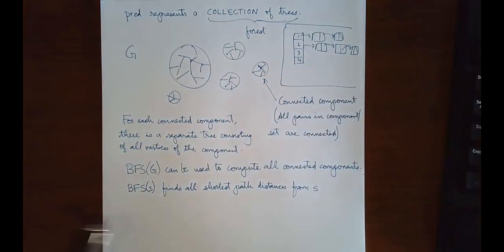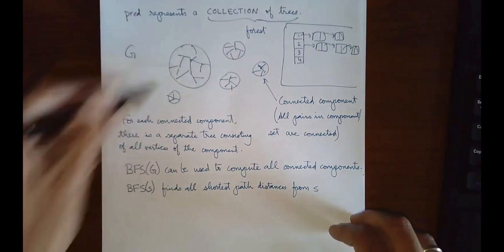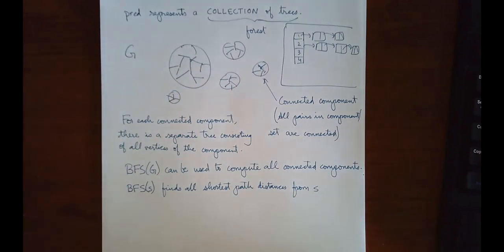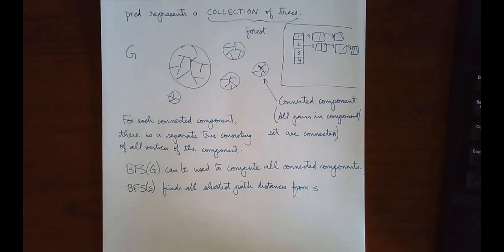It just sees a bunch of pointers. It's using those pointers to follow through and construct what all the connected components are. Is that clear? Any questions?